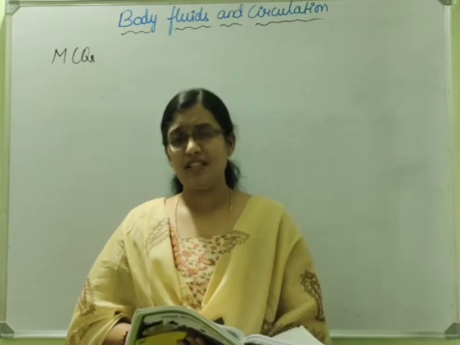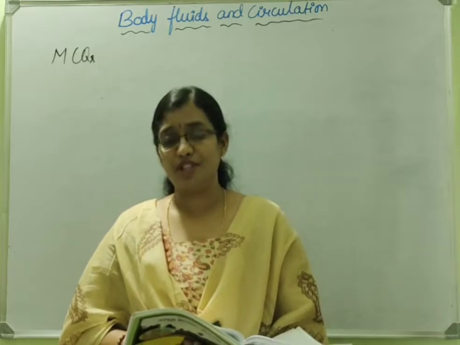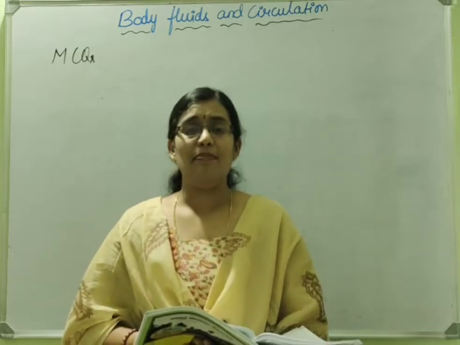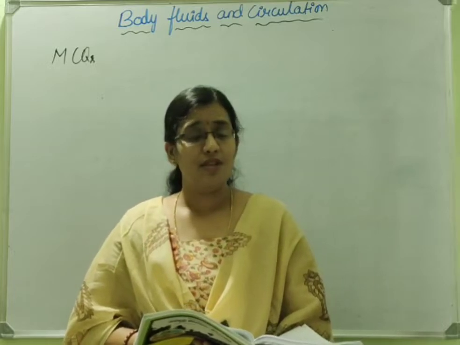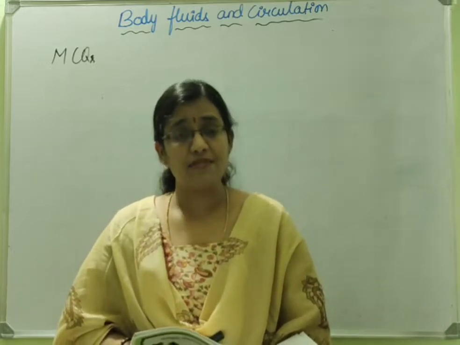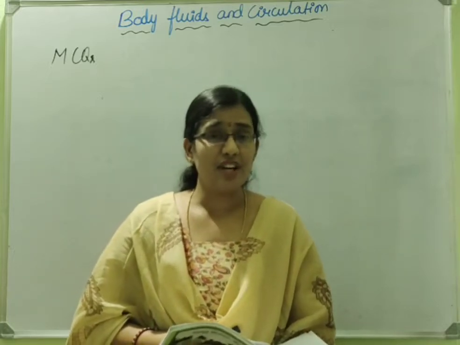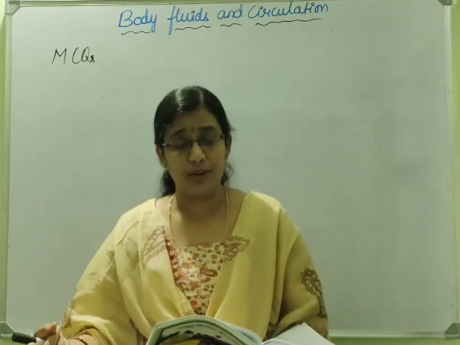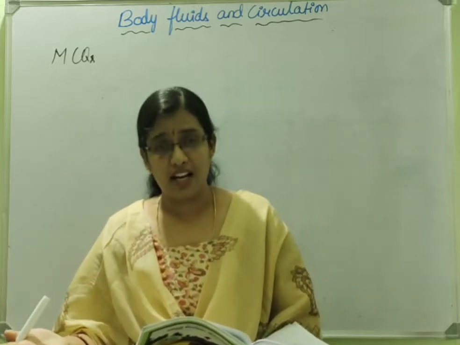So what happens if an RH negative person donates blood to an RH positive person? Nothing will happen because there are no antigens present. There are no RH antigens present in RH negative blood, and thus when such blood is given to the RH positive person, no changes will occur.